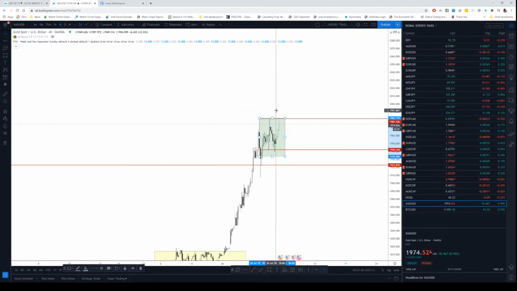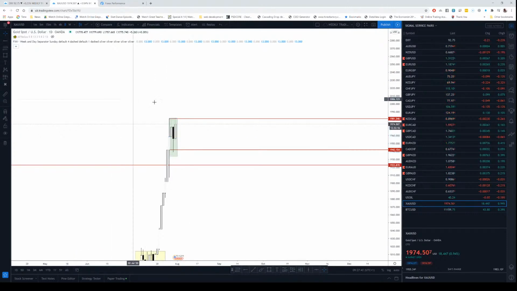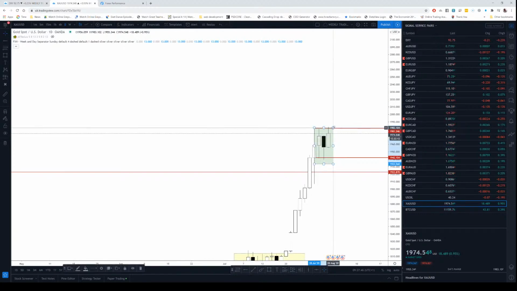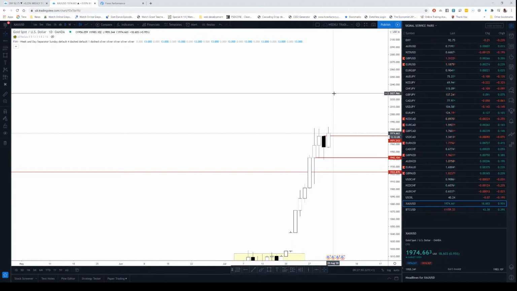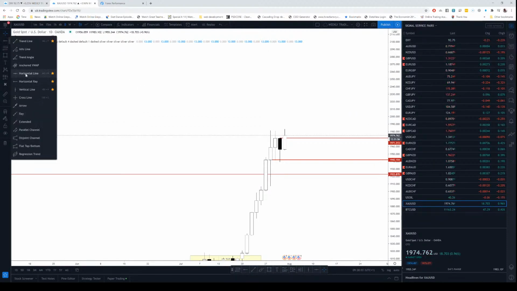Looking at the daily, it's a different story. We've closed above this. Actually, we haven't closed yet, but if we stay closed today above this level, gold is going to continue going up. 2000 will be the next upside objective.